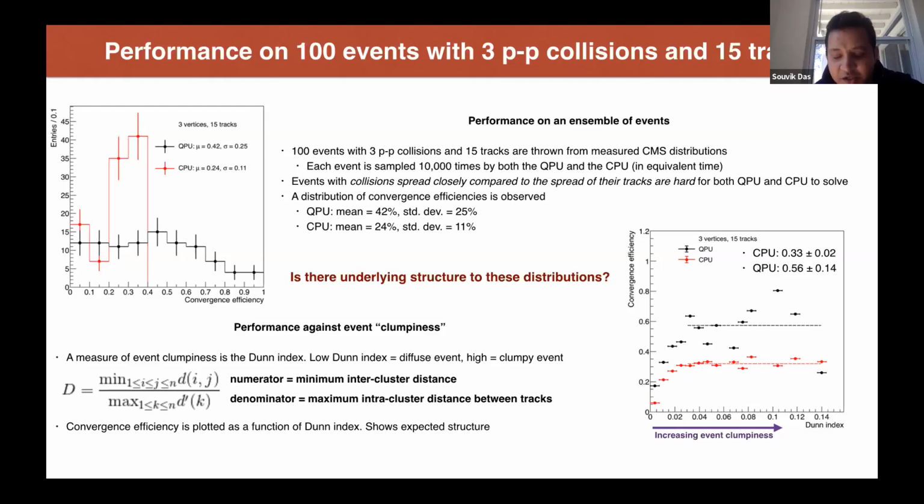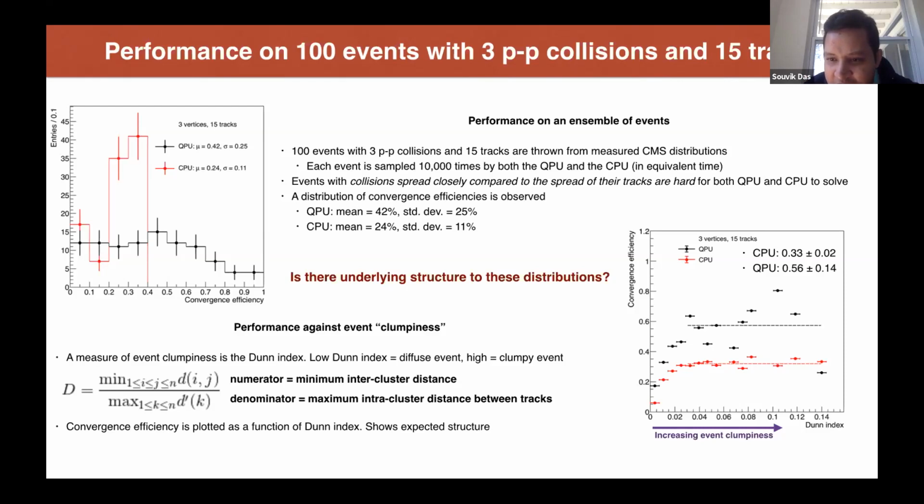To measure the clumpiness of the event: an event that is highly clumped, where the different clusters have merged, has a low Dunn index. The Dunn index is defined on the left. Increasing separateness among the vertices is on the right side of the Dunn index.